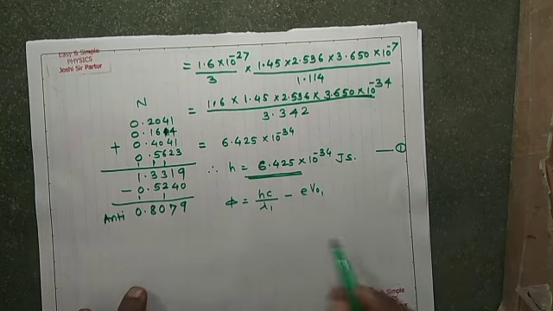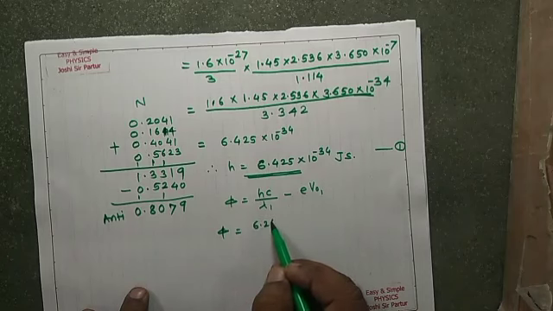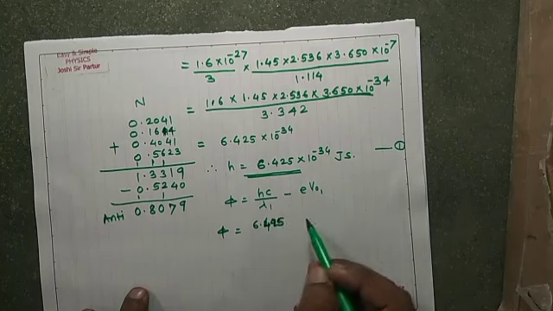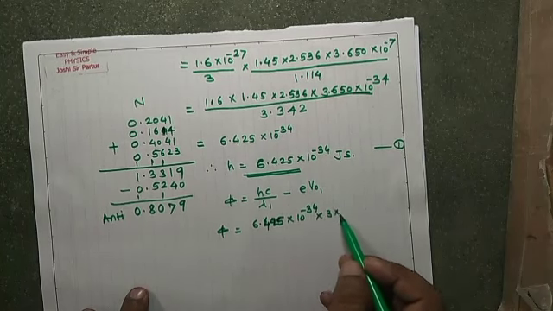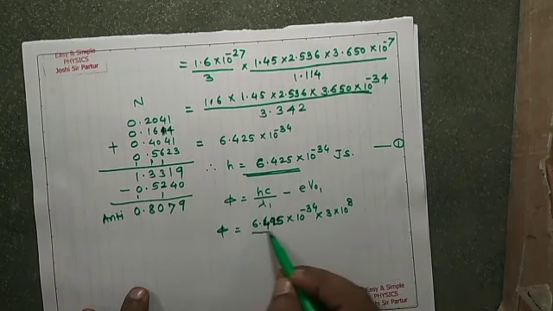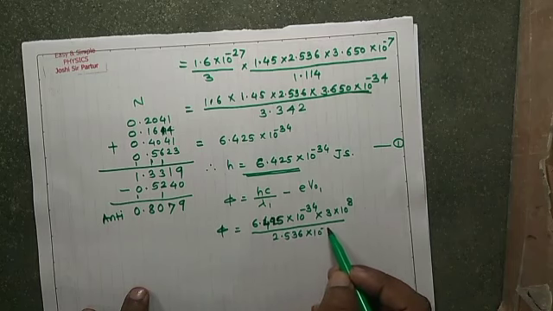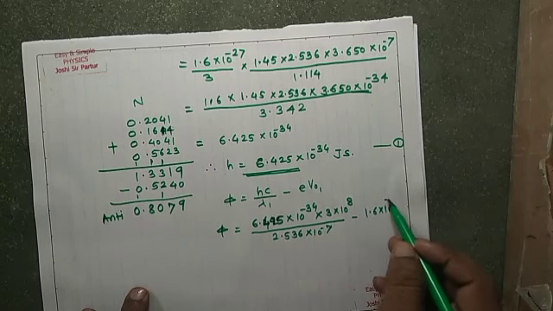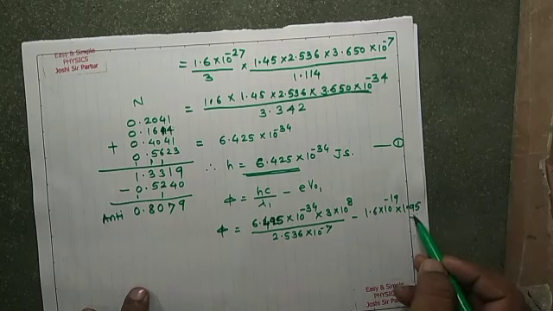So by substituting the values, phi is equal to 6.425 into 10 to the power minus 34 into 3 into 10 to the power 8 divided by 2.536 into 10 to the power minus 7 minus 1.6 into 10 to the power minus 19 into 1.95 electron volt.